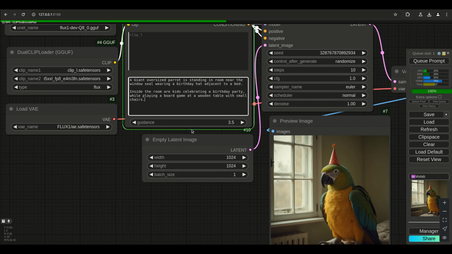Okay. The thing that you have to really see about Flux is that the more you describe something, that's the thing that's going to put the most emphasis on.